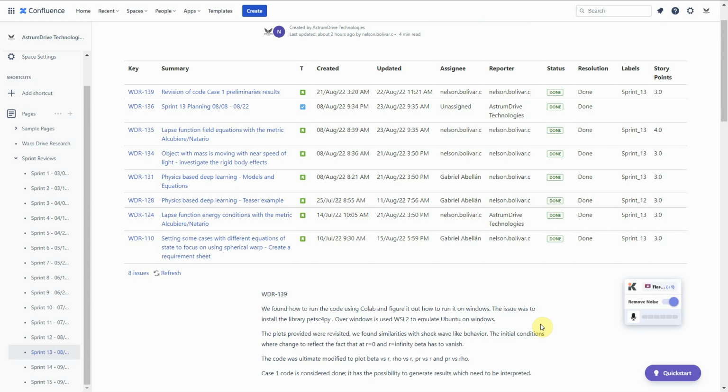That's quite interesting. But also one thing that is very nice: we put this Lapse function into the metric of Alcubierre, not only in the case of the spherical warp drive. And what we found is that the energy density at the end is negative, as we expect, but it has the Lapse function there.